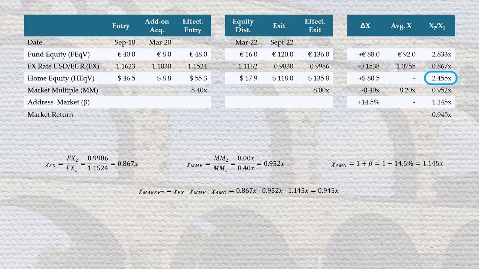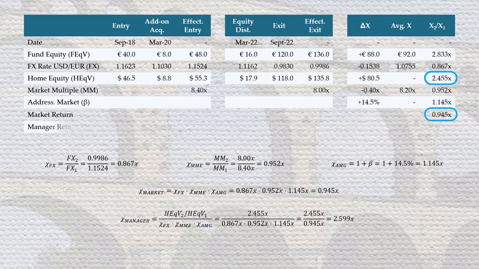So we can calculate the manager-driven return as 2.455 divided by the market-driven return of 0.945. This gives us a manager-driven multiple of invested capital of 2.599, which is a more accurate measurement of the GP's value add. We can now convert these to any other value creation measurement.